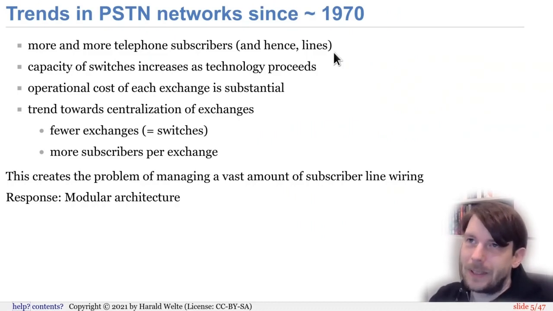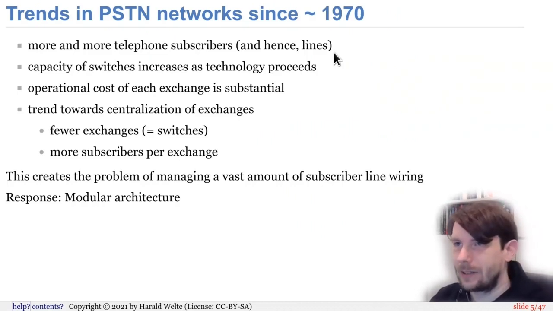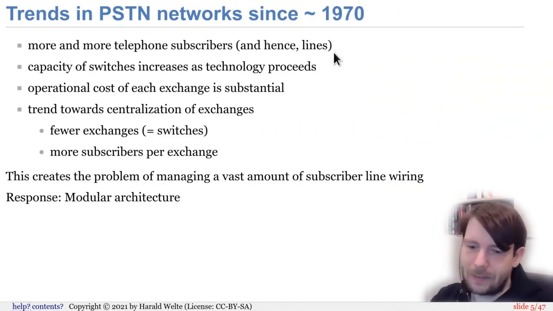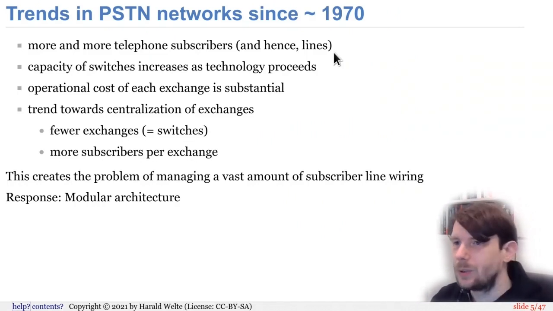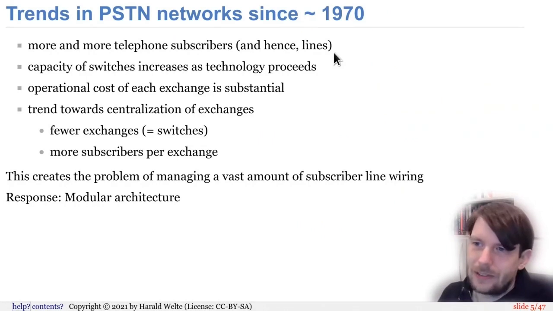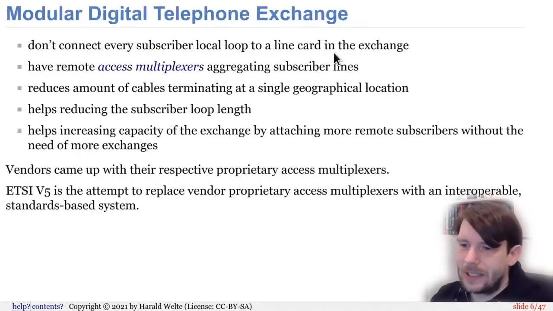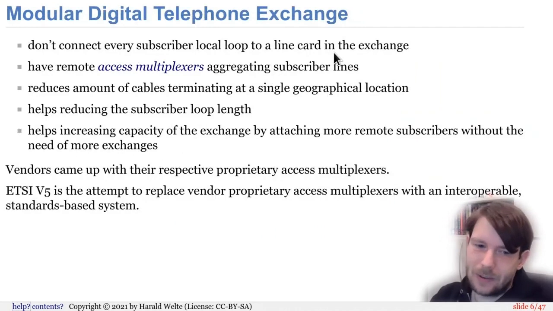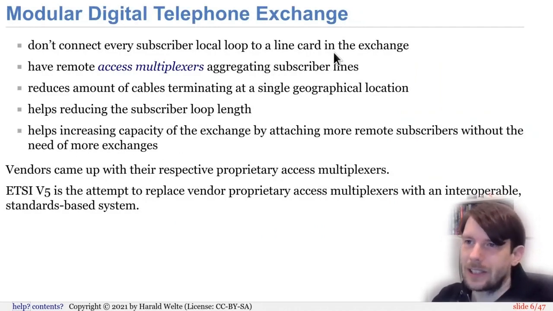The response by the manufacturers was to become modular, to have a modular architecture where you first have some kind of what later became known as the access network or the access multiplexer. So you have some device that terminates the actual subscriber local loop, which is the wire that terminates the subscriber, and you first go into some kind of multiplexer, and then you go into the actual exchange. And those multiplexers could also be remote, so they don't have to be physically at the same location as the large telephone exchange.